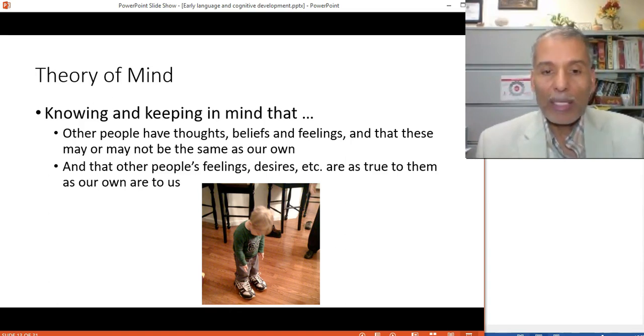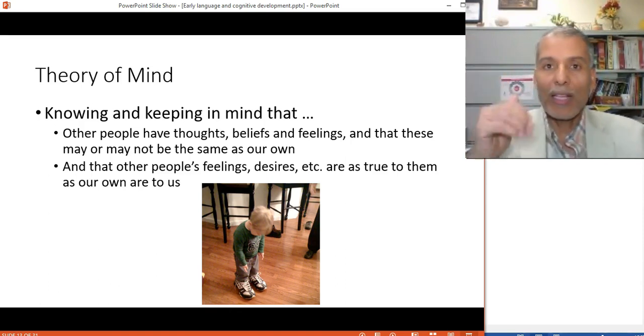So theory of mind enables you to take someone else's perspective, to see them as human beings just like you are, and equal, and even though what they know or what they feel doesn't make sense to you, that is their reality. It doesn't have to be like your reality.